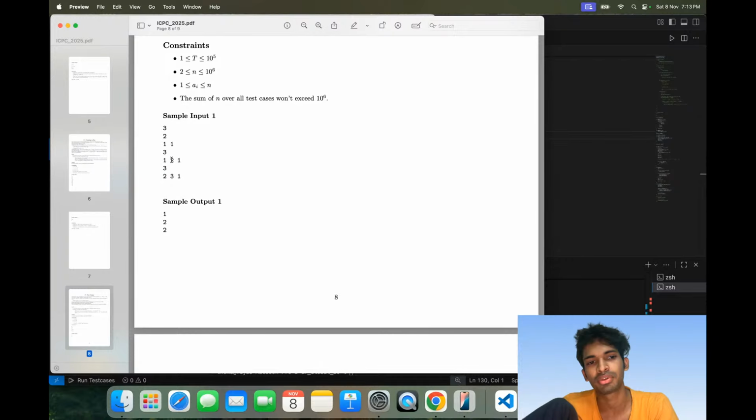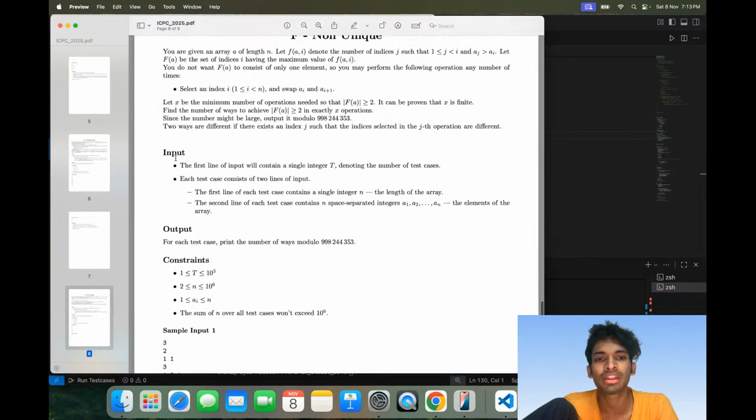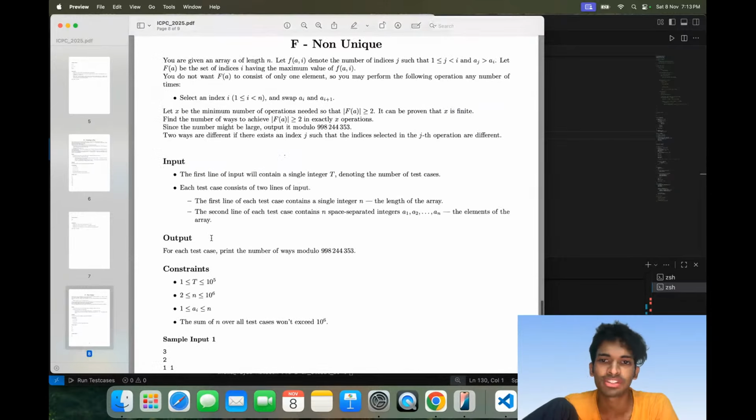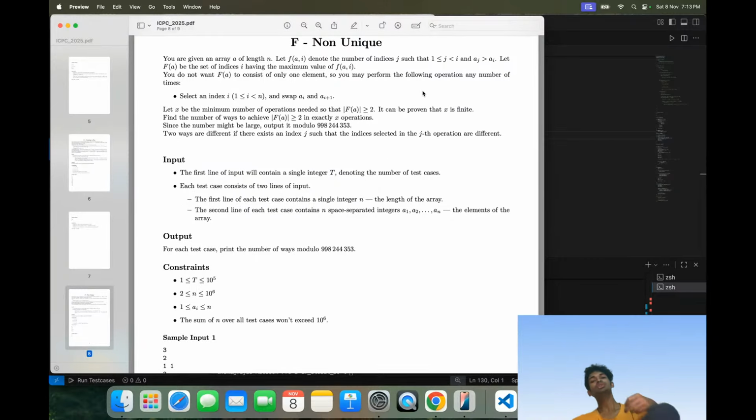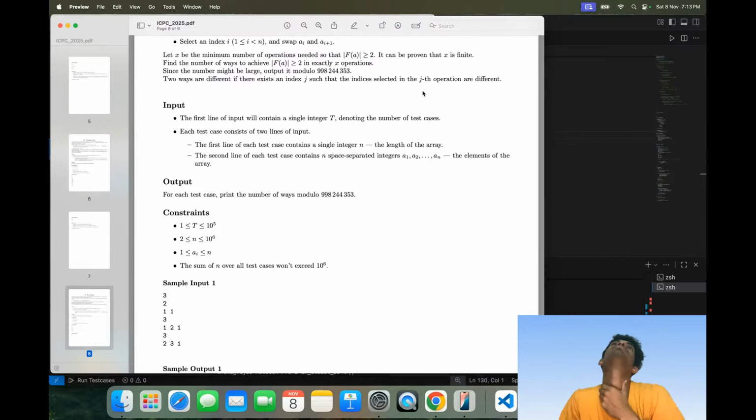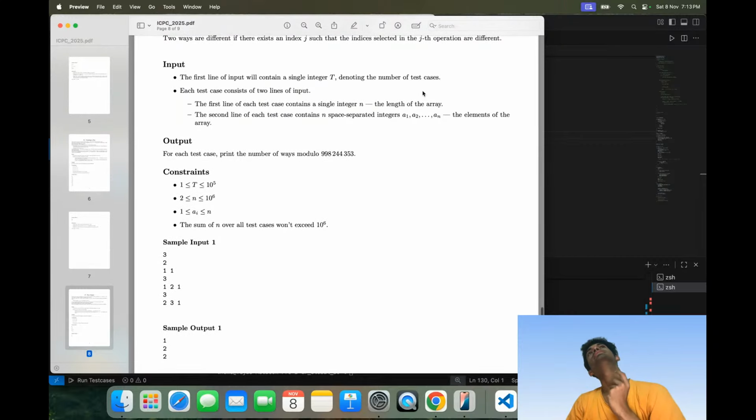No, it's not enough because we cannot separate equal and less than, right? That's why it's not enough. If all the values are distinct, maybe, but now with equal values we cannot separate equal from that. If you swap equal things, it doesn't change. If you swap bigger and smaller things, what happens?